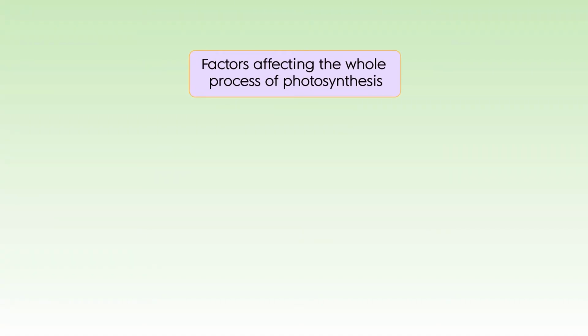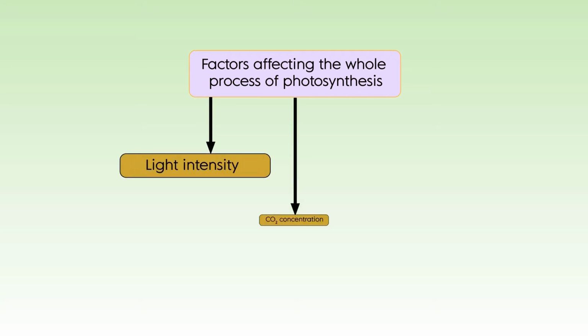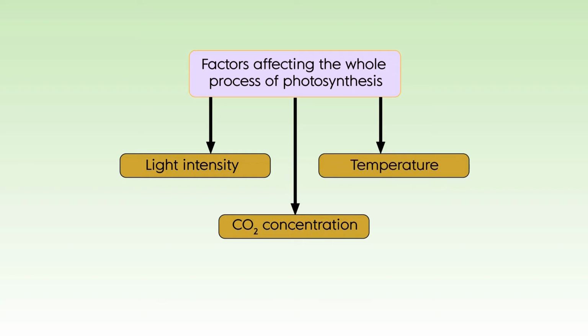The factors that can affect the whole process of photosynthesis include light intensity, carbon dioxide concentration, and temperature. In this experiment, the light intensity is being investigated on how this limiting factor can affect the rate of photosynthesis.